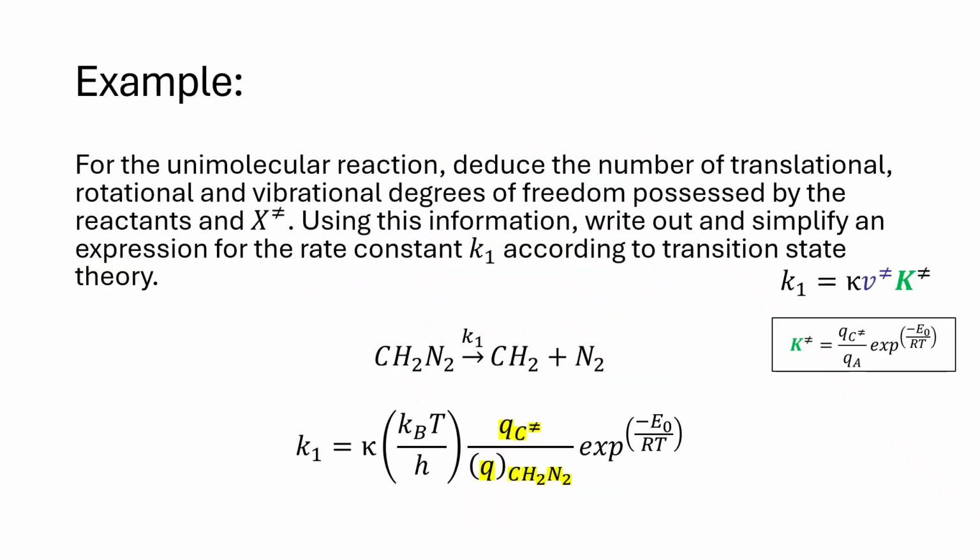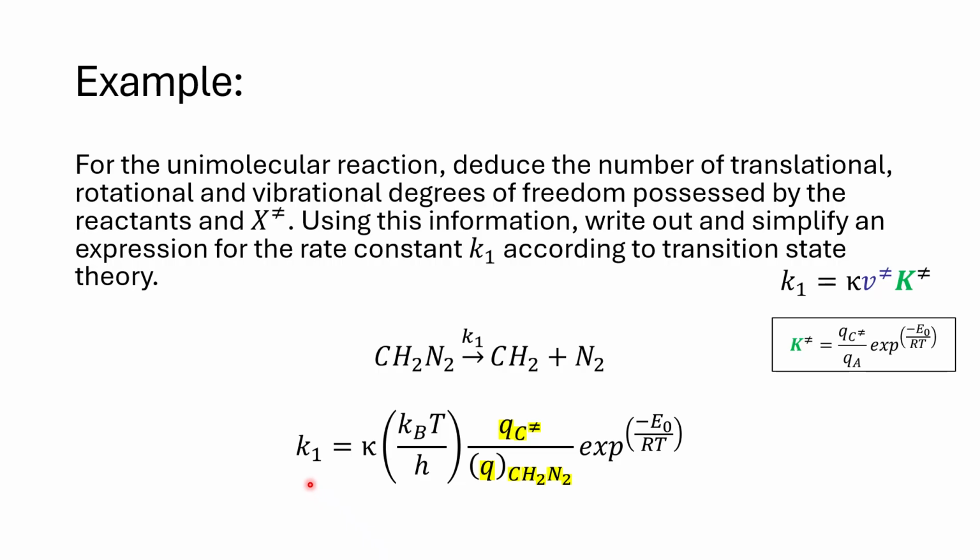Here is another example involving a unimolecular reaction, the decomposition of diazomethane. The task is to determine the degrees of freedom for the reactant and the transition state, which is the activated complex form, and then write out and simplify the expression for the unimolecular rate constant K1.